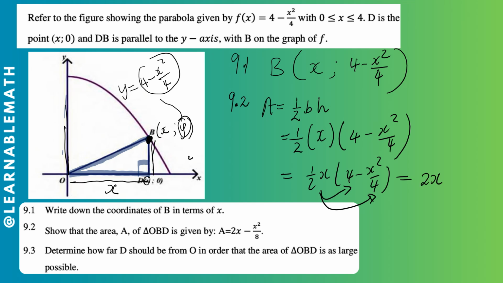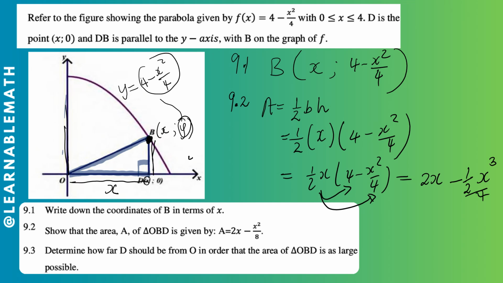Then 1 over 2 x times x squared over 4 is going to give us minus 1 over 2 times x exponent 3 divided by 4.